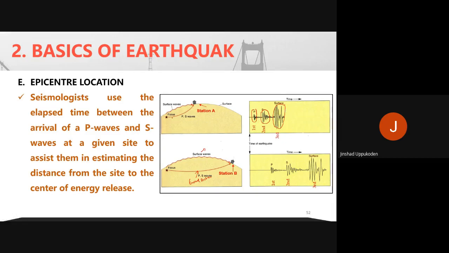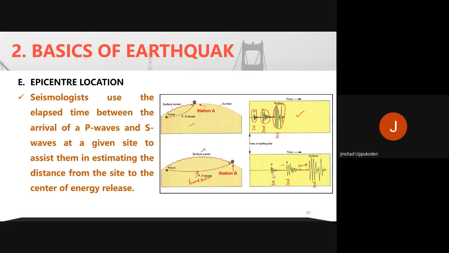For the closer figure, this is the approximate shape of the displacement obtained from a seismograph or an accelerogram. If it is farther, you can see the distance between them is more. Depending upon this study, we come to know the location of the epicenter from our site.